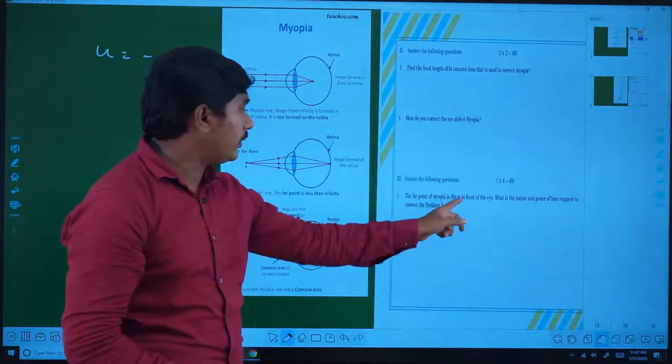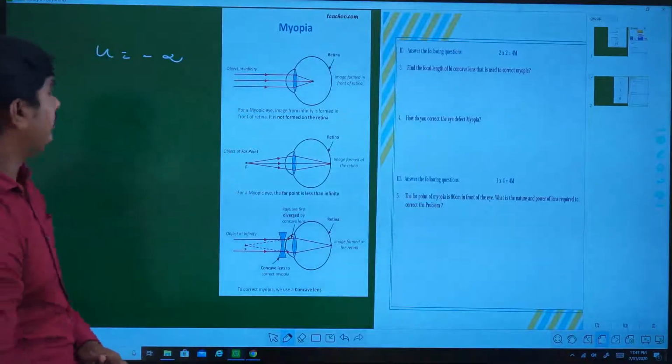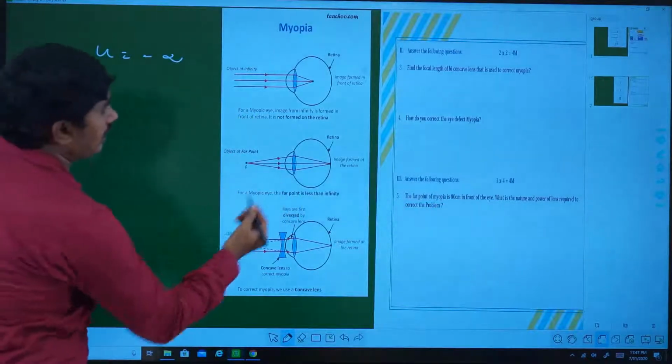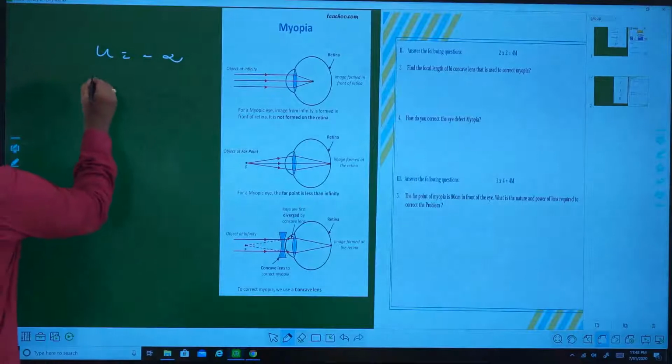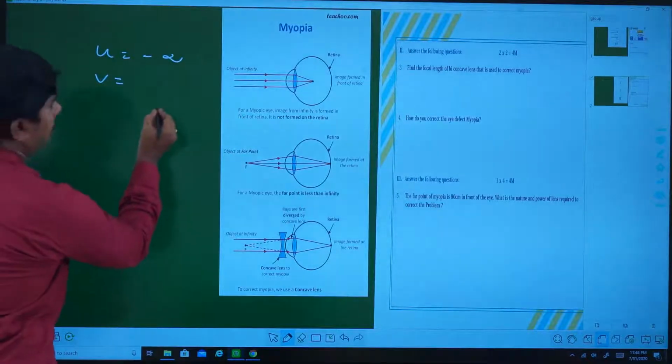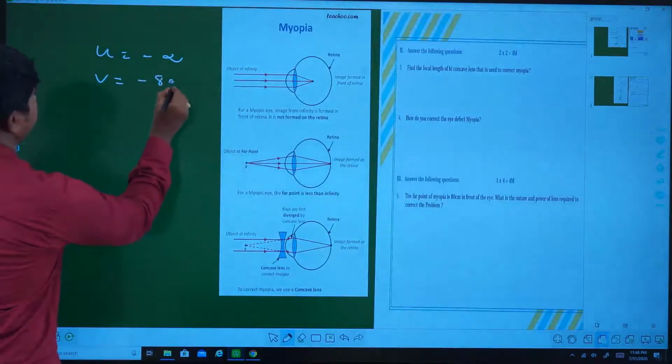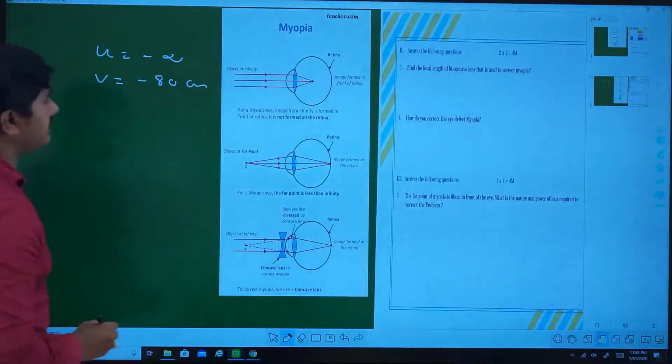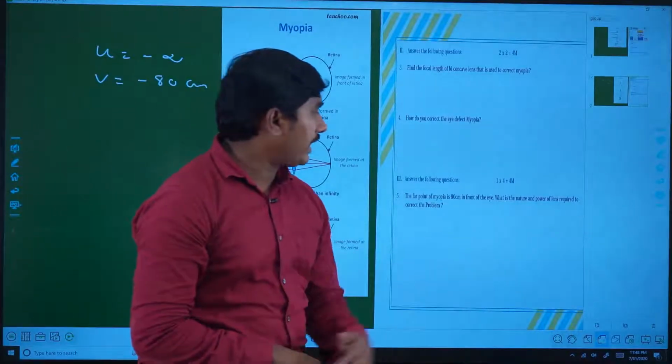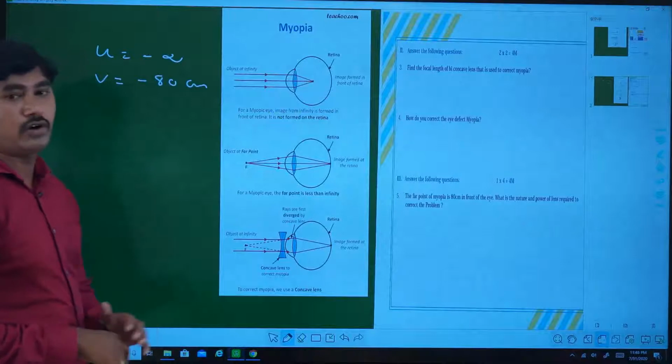The far point is 80 centimeter in front of the eye, so the image distance is v is equal to minus 80 centimeter.